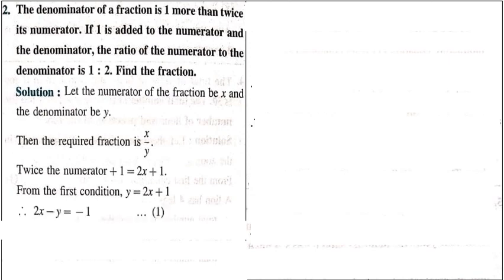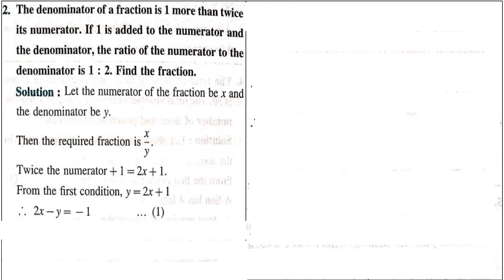So now we have to arrange them in the standard form. So 2x plus 1 from RHS shifts onto LHS and becomes minus y is equal to plus 1 from RHS shifts to the LHS and becomes minus 1. So therefore we get the equation as 2x minus y minus 1.